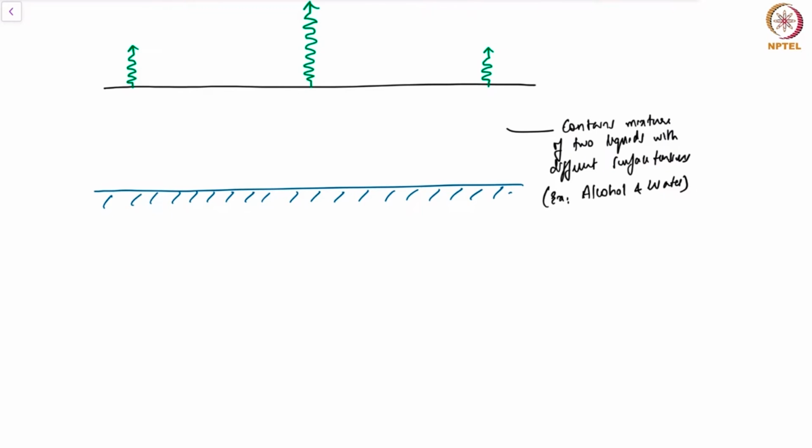So we know that the surface tension of alcohol is less than the surface tension of water. So when alcohol evaporates in the middle, then in this region, right in the bulk, you have a water rich region.